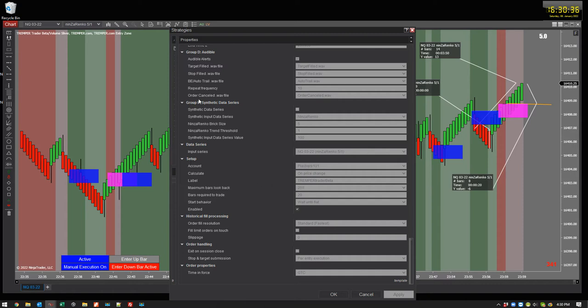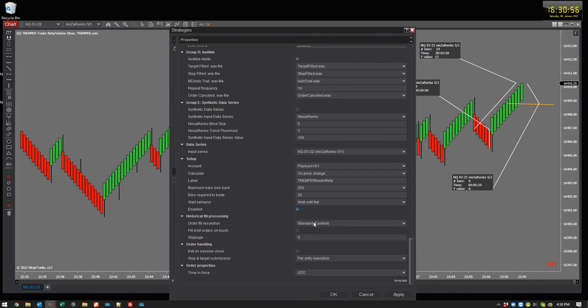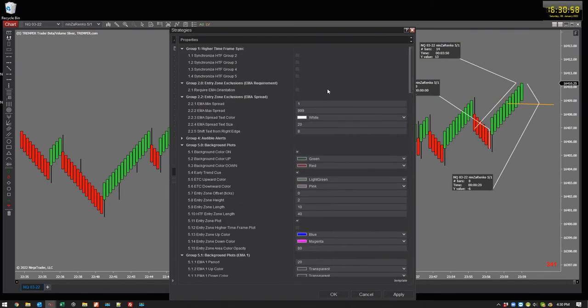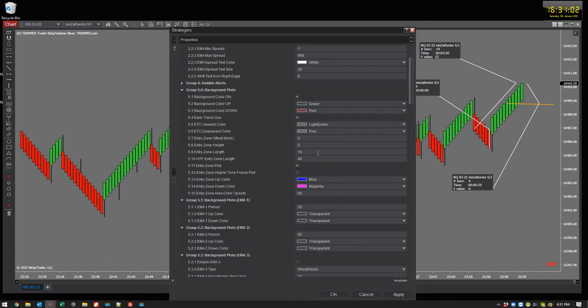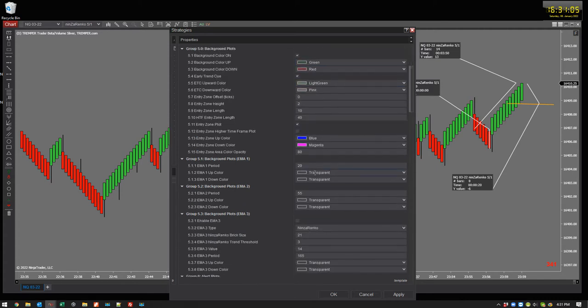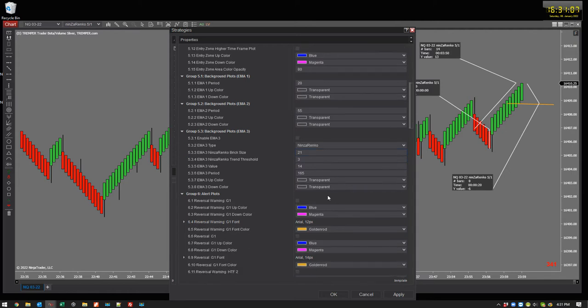Now if you notice, we're out of group, so just group E is it, and then it's just your normal settings that Ninja has. I think we're in. So let me start. What I want to do now is make some changes here. Let me look through here real quick, because I want to turn off all filters, exclusions as I'm calling them. Transparent, no EMAs.